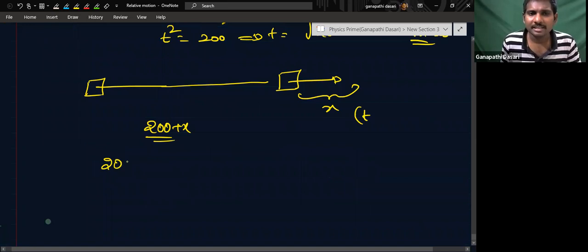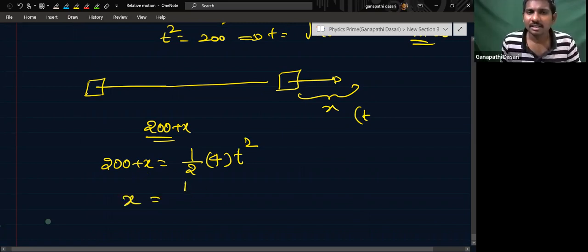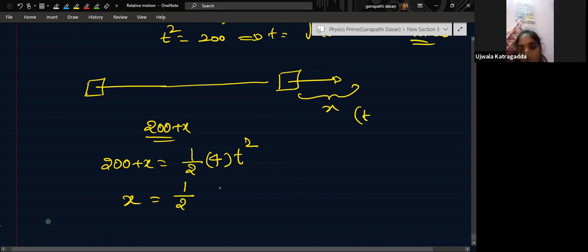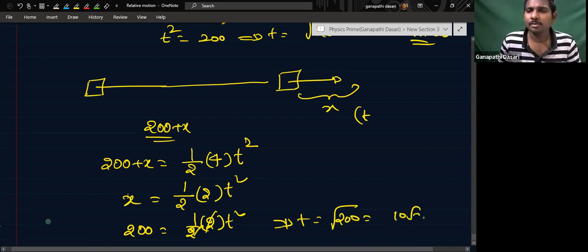So 200 plus x is equal to half into a of car, U being 0 anyway. A of car is 4, so half into 4 into t square. In the same time, x is traveled by the bus: half into 2 into t square. If I subtract both of them, 200 is equal to half common, 4 minus 2 is 2, into t square. Again you will get the answer: T is equal to root over 200, that is 10 root 2 seconds.